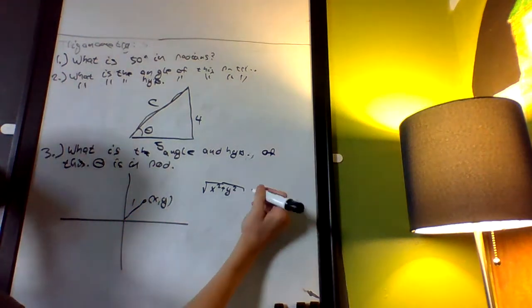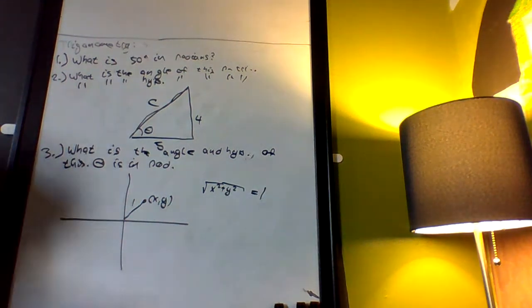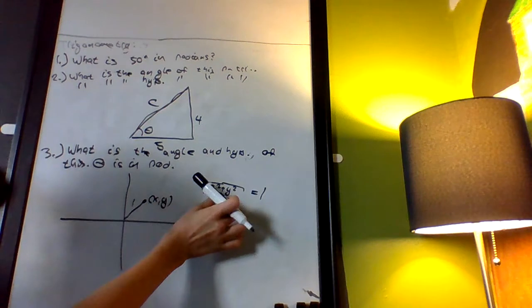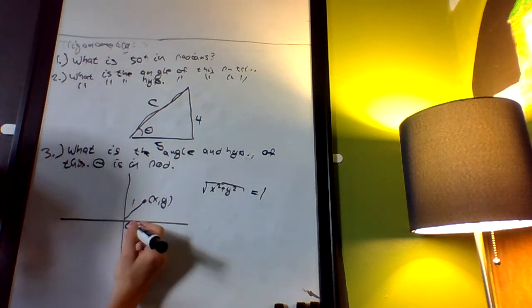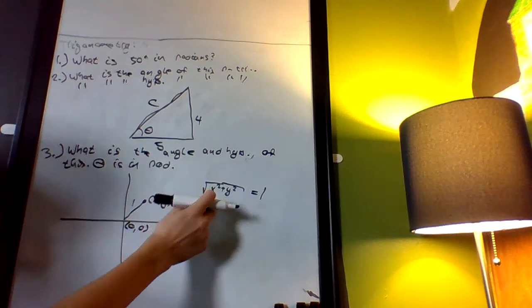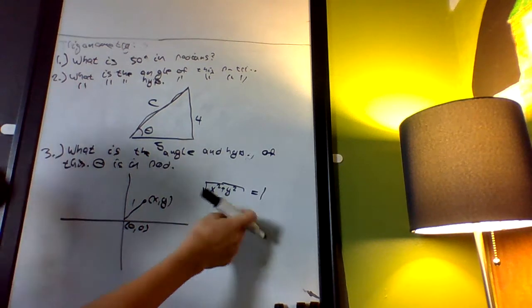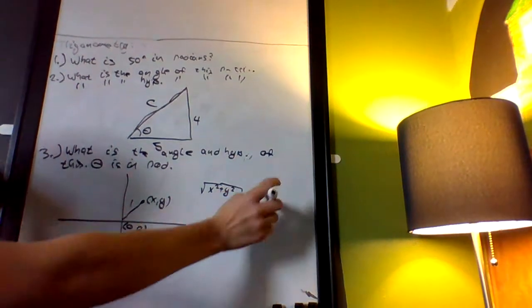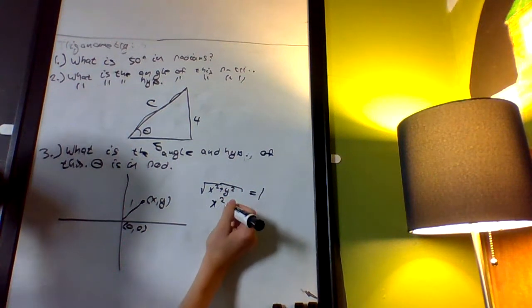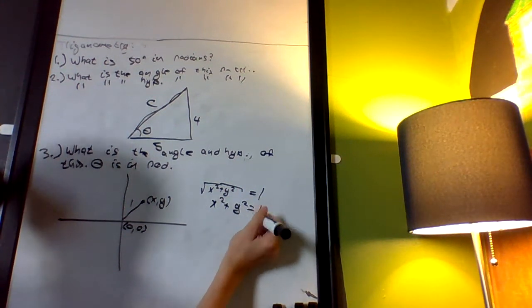Okay? Must be a distance of 1, right? This is the distance equation, x minus 0 squared, this is from 0, 0, plus y minus 0 squared. Square root it, because the distance formula has to be equal to 1. Square both sides, x squared plus y squared has to be equal to 1.